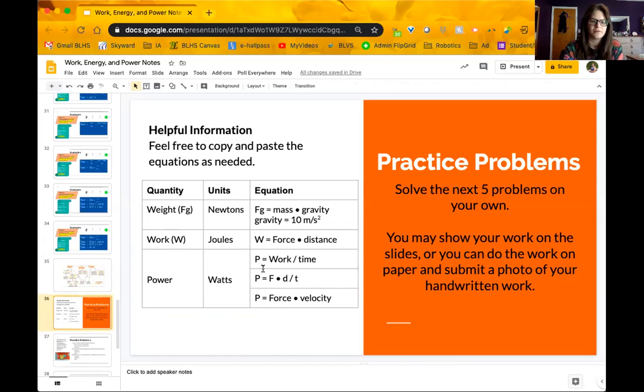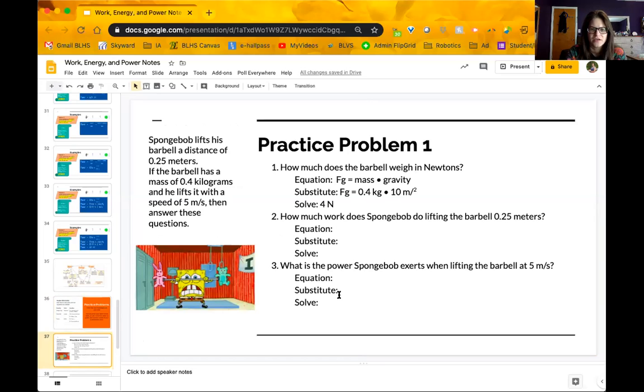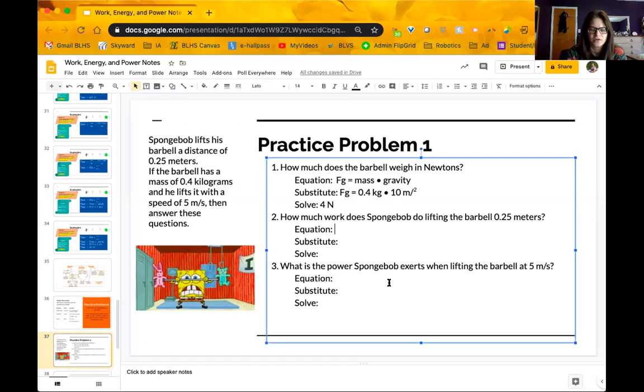In this problem, we have work and we have time, and you could calculate velocity because we do have distance as well, but it's probably going to be easier to just go ahead and use power as work divided by time. But it doesn't really matter which way you do it. But since you're already calculating work here, you might as well just do work divided by time in this next one.